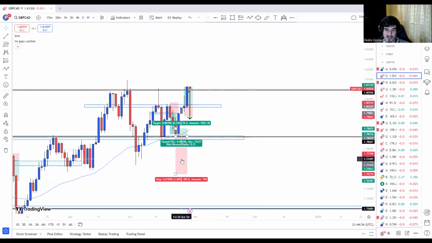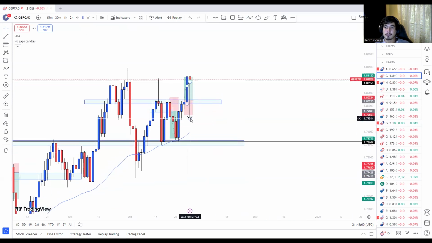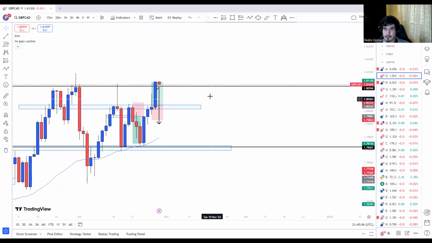So right now it's working for me this way, and of course I will try to catch trades with higher risk to reward. But yeah, now I'm waiting for the price to come back to this area and go up.